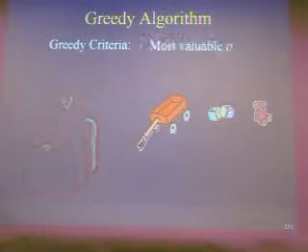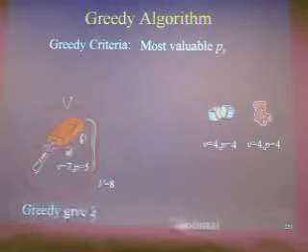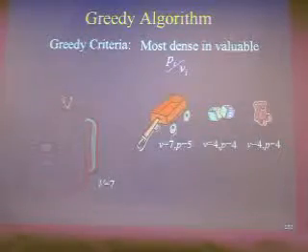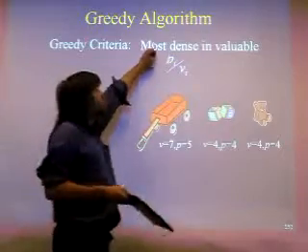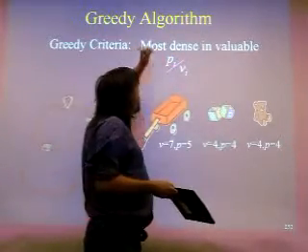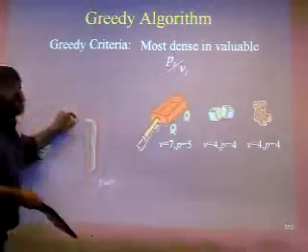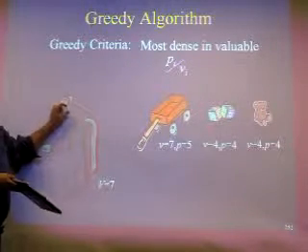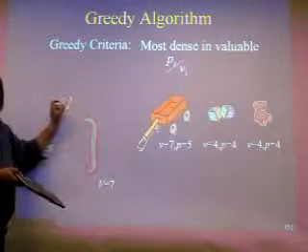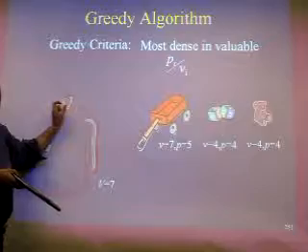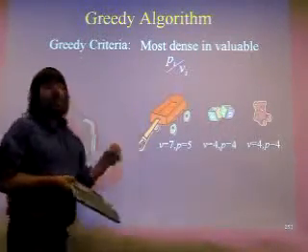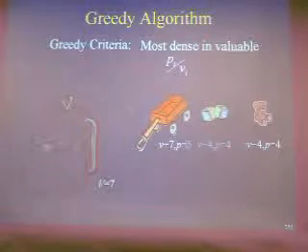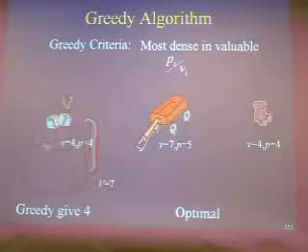So, greedy criteria: we did all these things here, and these don't work. This one is kind of interesting, that it seems reasonable that what we want is the most profit for every cubic inch in the knapsack. We want the most profitable thing per cubic inch, so grab the object with the best profit per cubic inch.